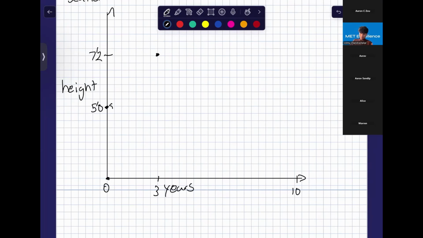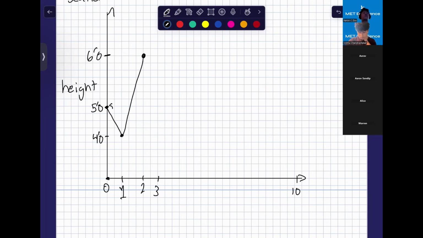And let's say at 1 you shrink to 4 foot. And then you hit a growth spurt at 2, and you go up to 6 foot. So as you can see, it doesn't have to follow a trend. It's just a scatter plot. That's where the name comes from. If you keep going, you'll find 7 foot, and then you might shrink again, like 5 foot or whatever. So that's what a scatter plot is.